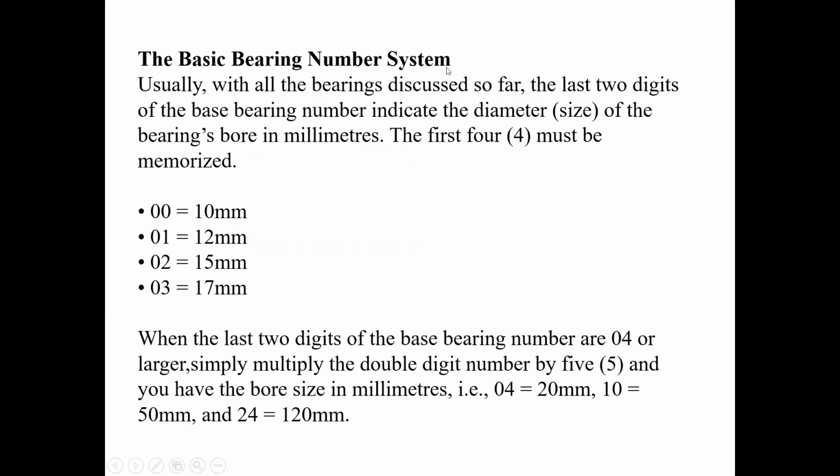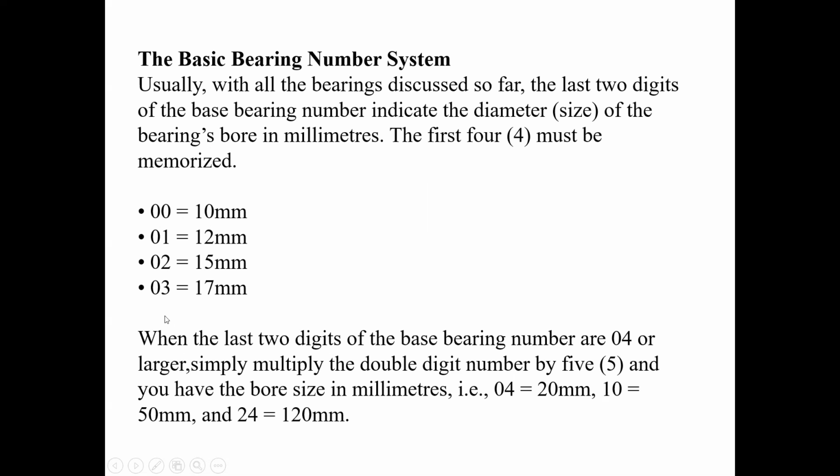The basic bearing numbering system. If you get the number 00, that is a 10 mm diameter for the bearing ball size, in mm. 01 indicates 12 mm, and so on, 02 and 03.